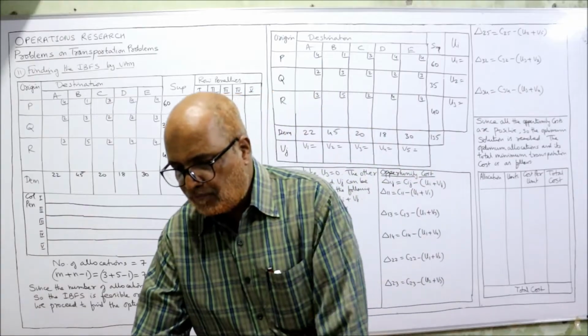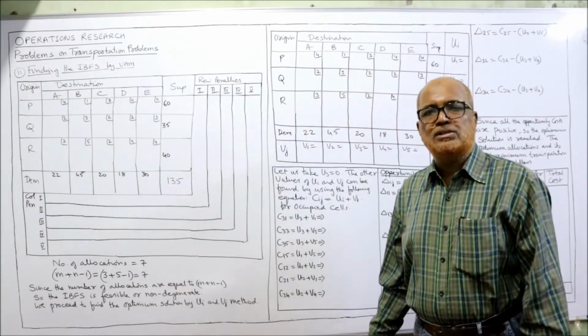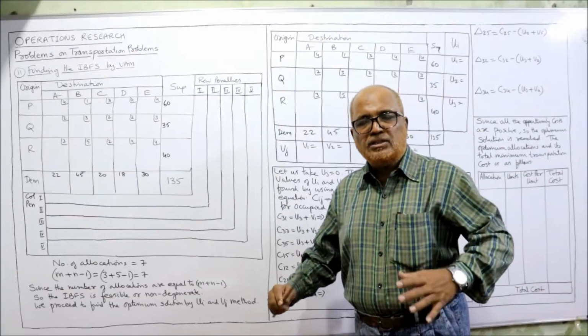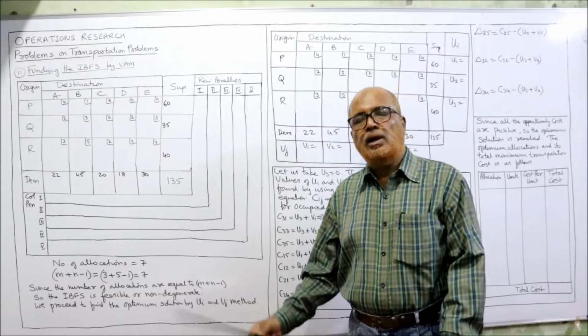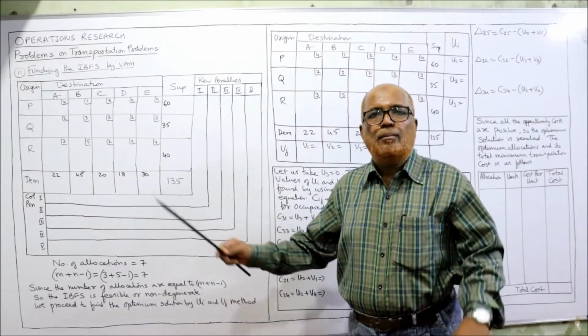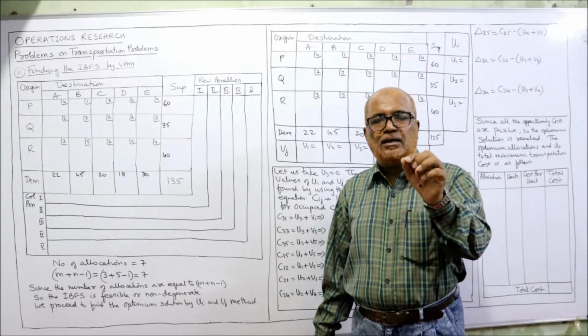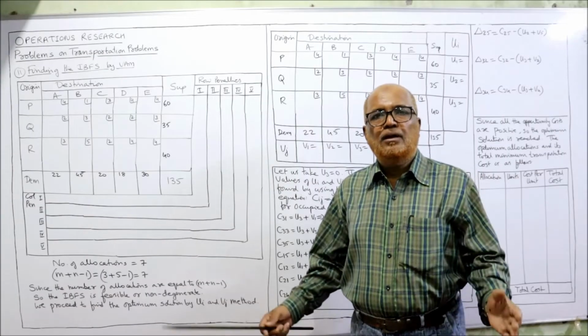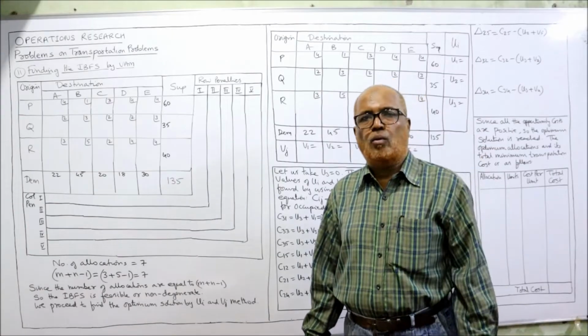First of all, we find the IBFS by Vogel's approximation method. Actually, 3 methods are there: least cost method, northwest corner rule and VAM. But the superior method is VAM. Why? Because whatever IBFS we get through VAM will be the same as the optimum solution, or sometimes one more table may be required.